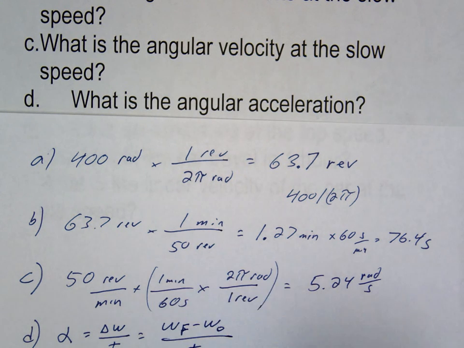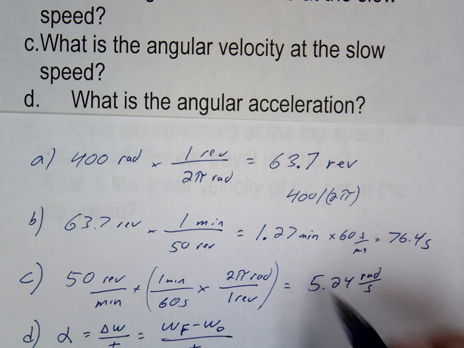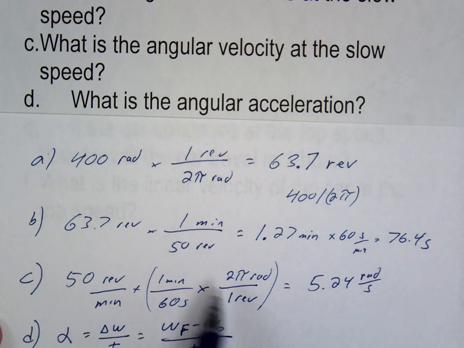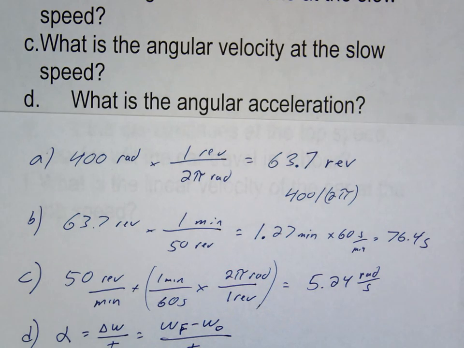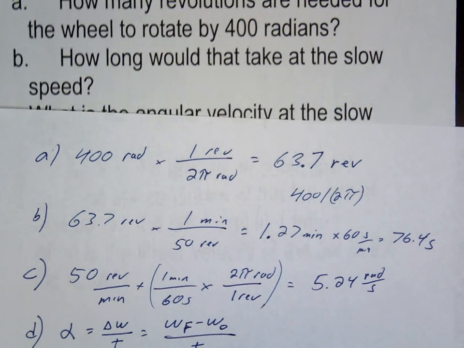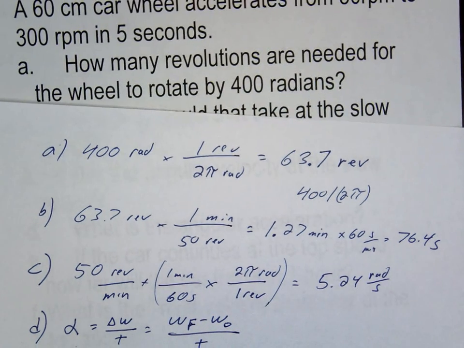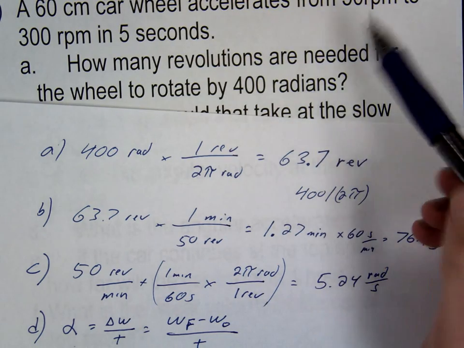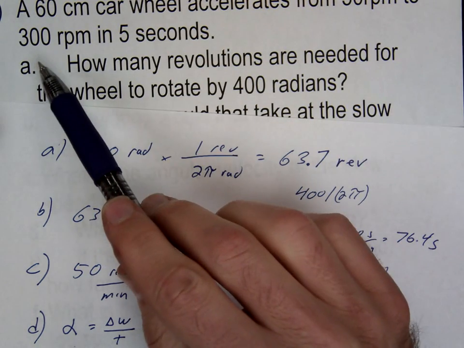Right? Now we just found omega initial. What else do we need? Omega final. So you do have to find omega final. Now you could do it again, the conversion we talked about. You could even do it faster than that. Because look over here. We started at 50, we ended at 300. How much faster is that?